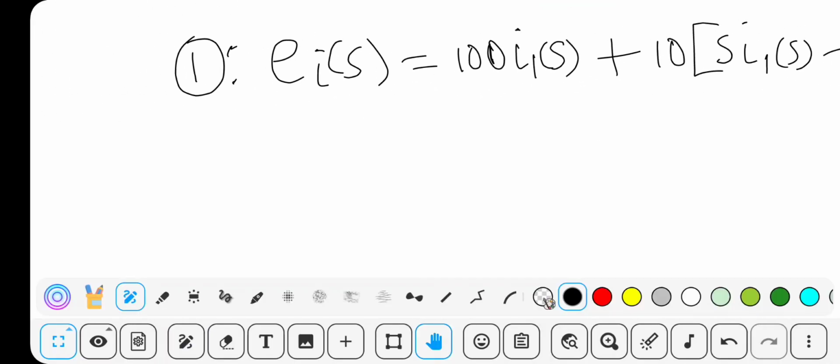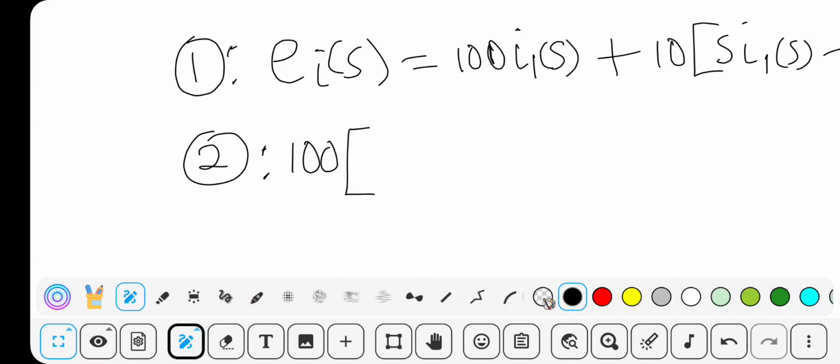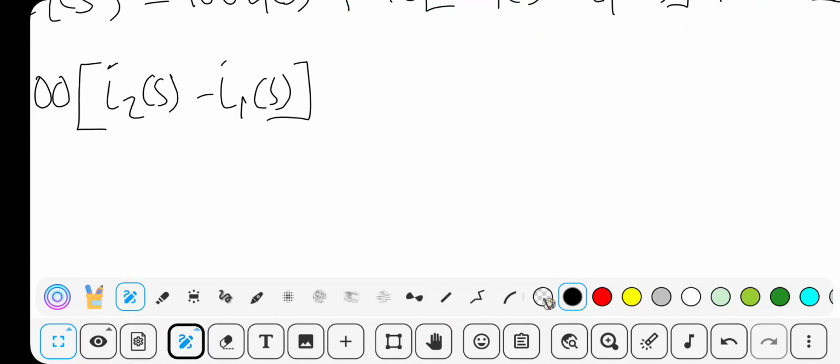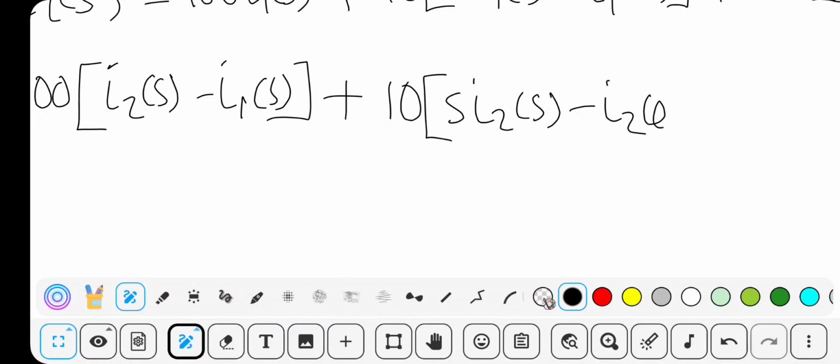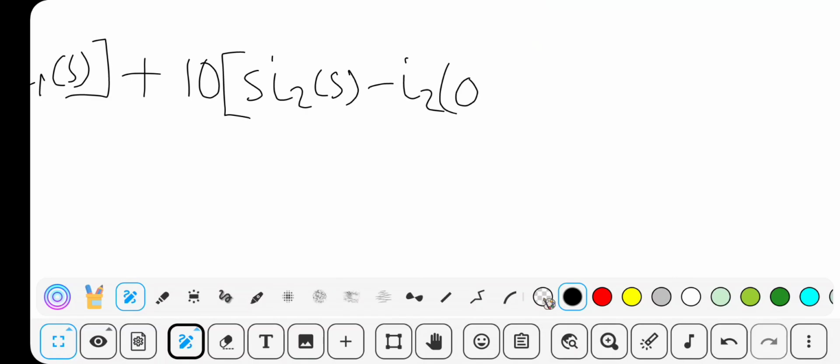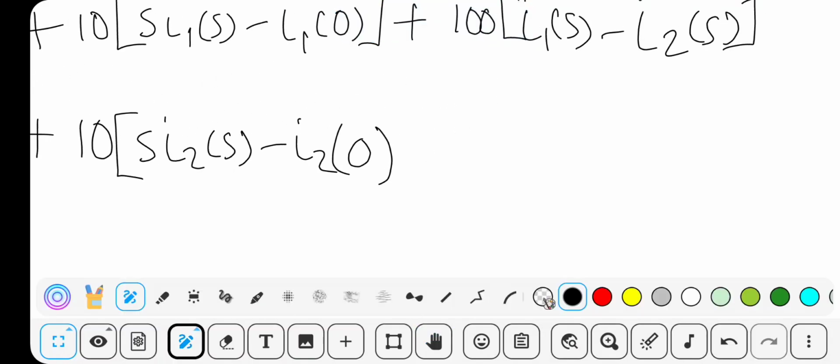And for the second equation, the Laplace transform is 100 I2 of s minus I1 plus 10 s I2 minus I2 plus 100 I2 of s.